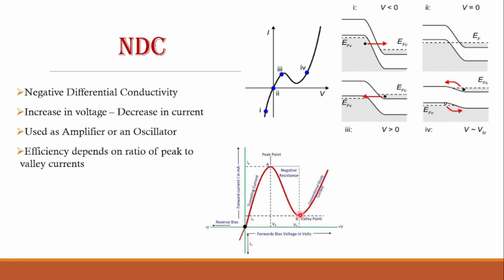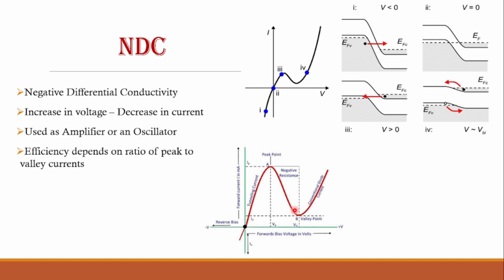And this ratio can be made as large as 15 by heavy doping, and this may lead to a large peak current. Whenever heavy doping is done, this NDC region is going to enlarge. So if it is enlarging, it means the range between the peak value of current and the valley current is going to increase, due to which the operating range is going to increase, which means efficiency is going to increase.